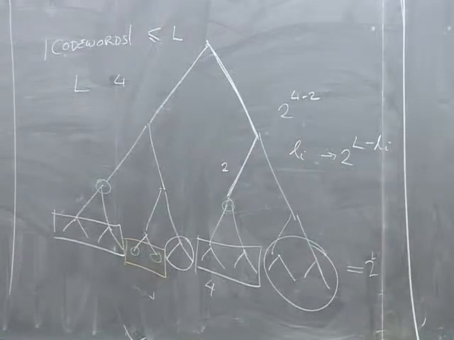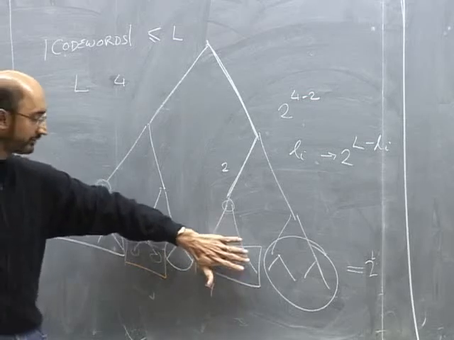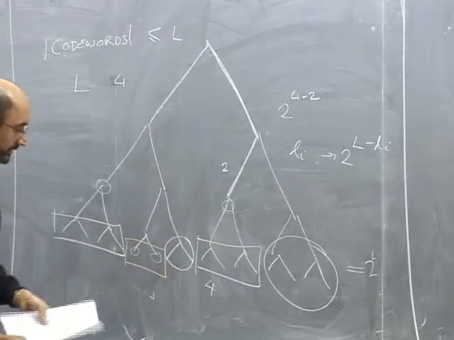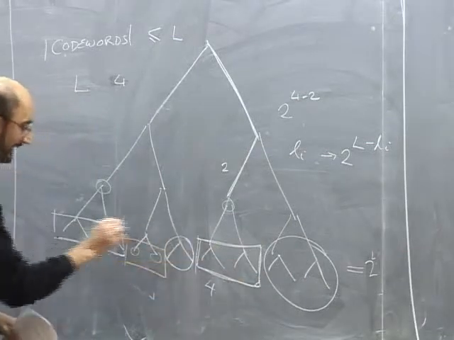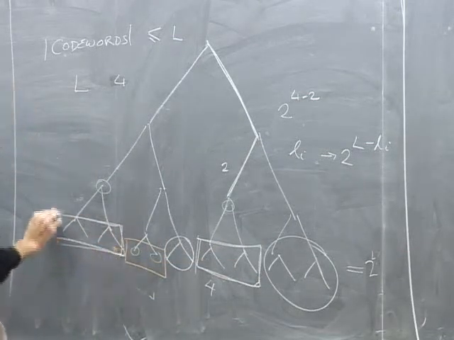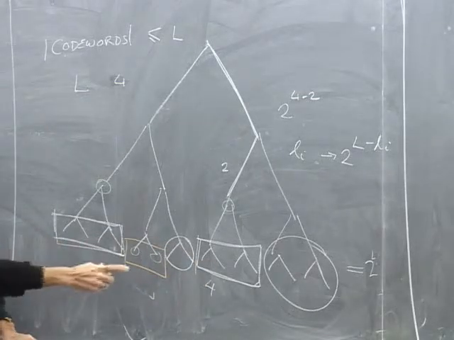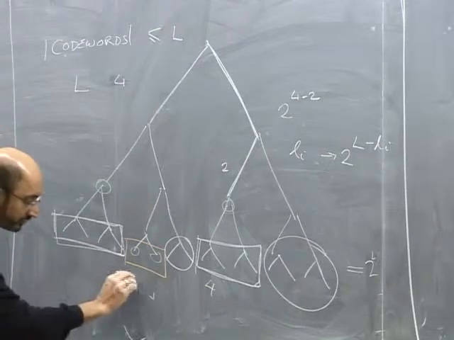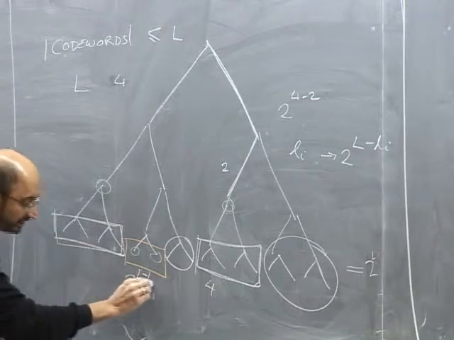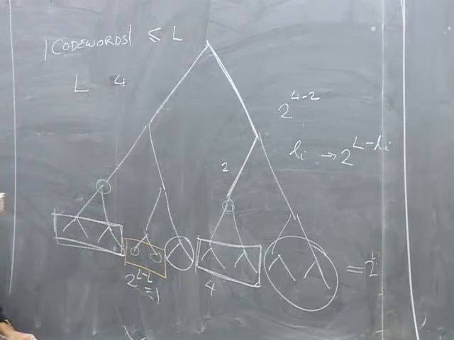If you just look at those descendant nodes, which are these rectangles, these are non-overlapping. Just ignore all the others. The code word itself has 0 descendants, so this corresponds to 2 to the power L minus L, which is equal to 1. So they just contribute 1.